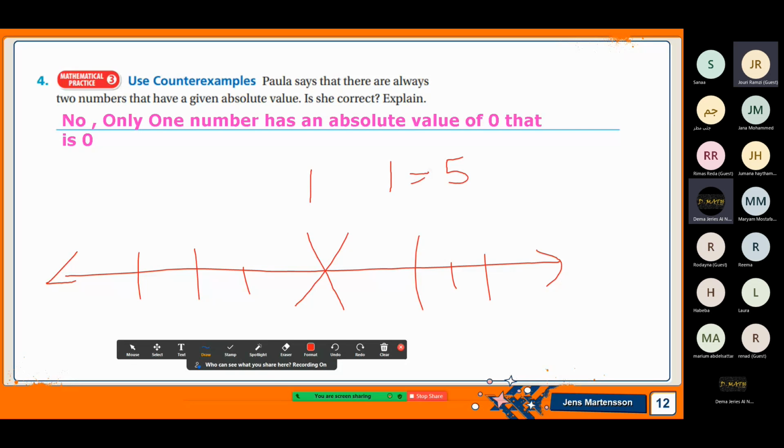So 0 cannot have a negative 0. It has only 0. But 1 or negative 1 has 1. So the numbers whose absolute value is 1 could be negative 1 and 1. Of 2, it could be negative 2 and 2. So all of them have two numbers except 0, which has only 1.